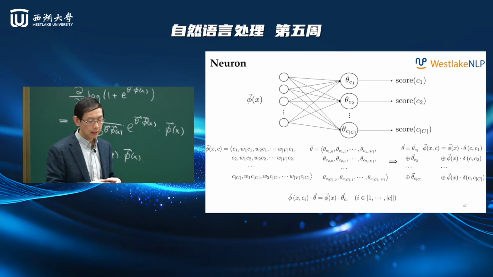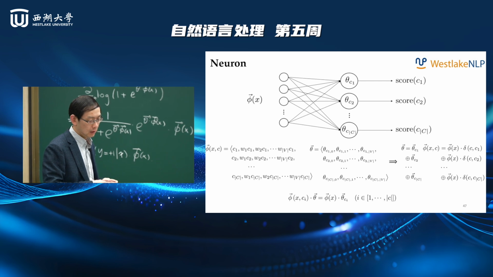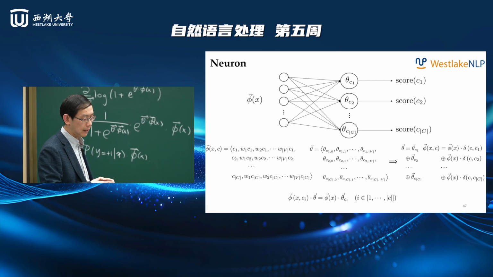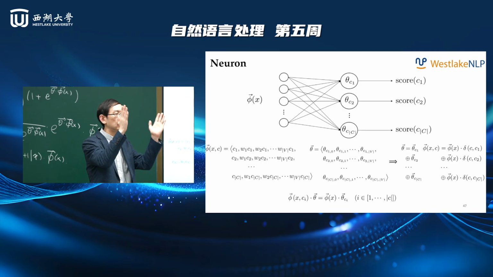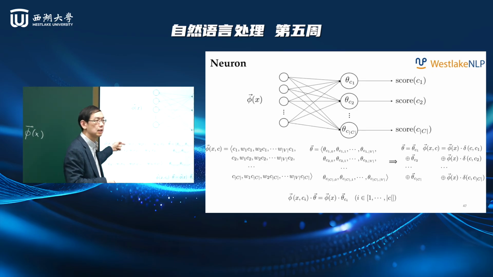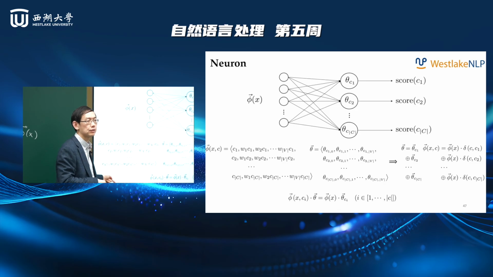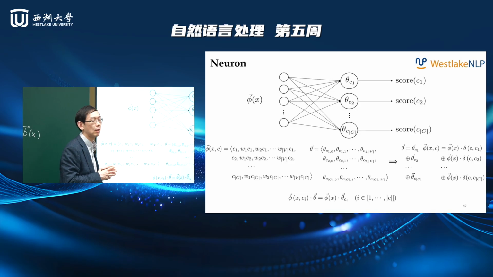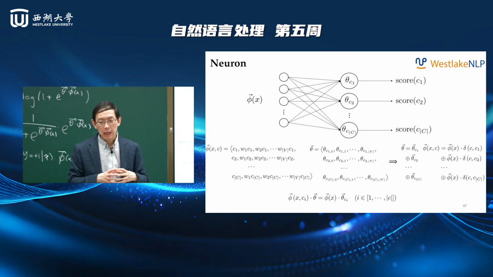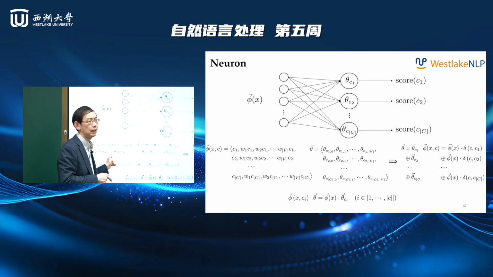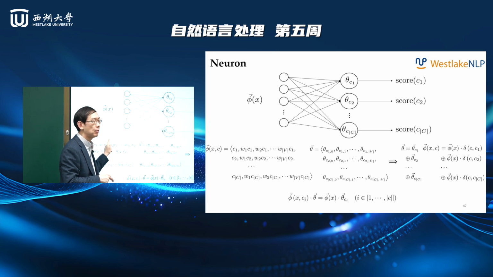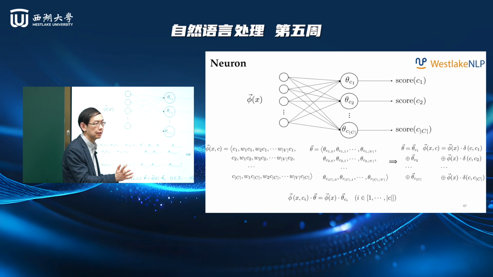How about my phi xc? I can think about phi x as 1, W1, W2, W3 until WV. That pattern repeats in my phi xc for C rows. In every row, it's combined with a particular c. So my phi xc can also be cut into C chunks. For every chunk, it's the multiplication of phi x with what?